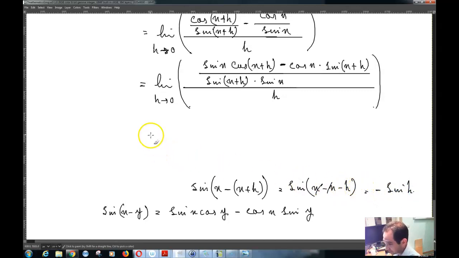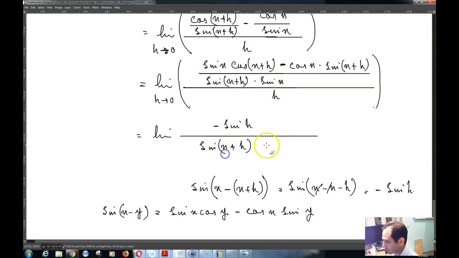So I can write this as the limit of negative sine h, and then you can rearrange this fraction and take this to the denominator and write it as sine of x plus h times sine x times h.